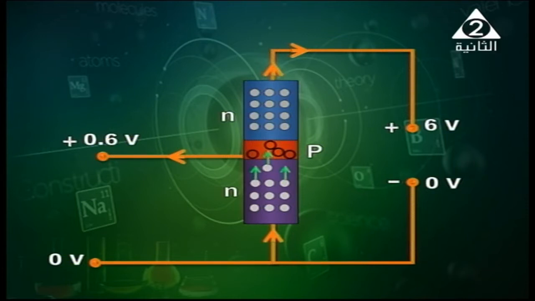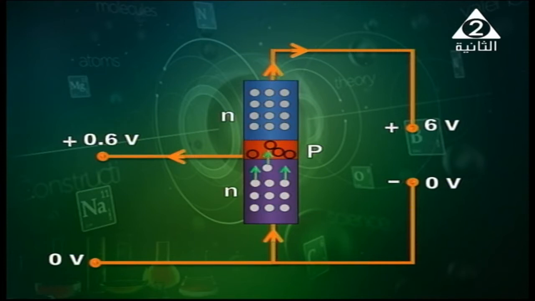But not all the electrons that cross the base reach the collector. This is a very important piece of information. Some of the electrons combine with some holes. You remember, the base is made of P-type, so it contains holes.